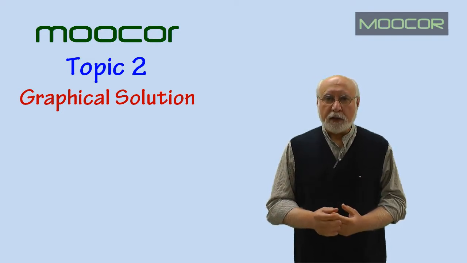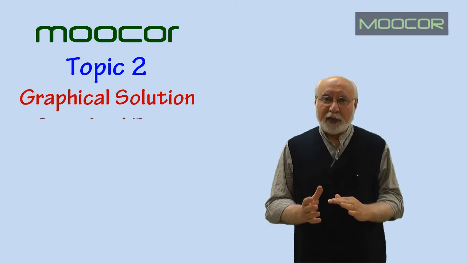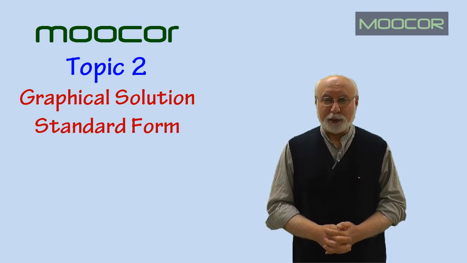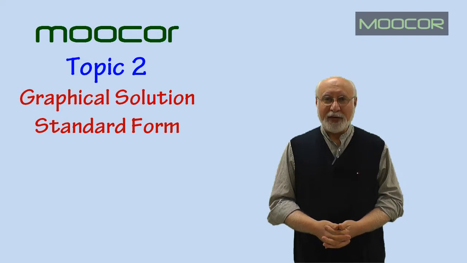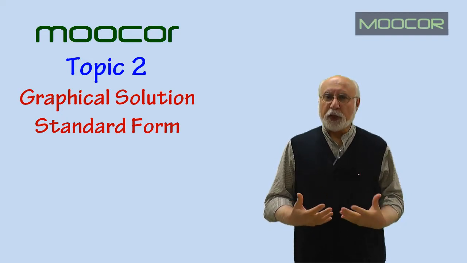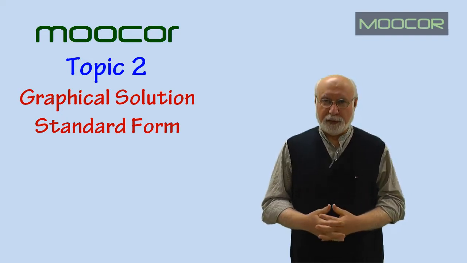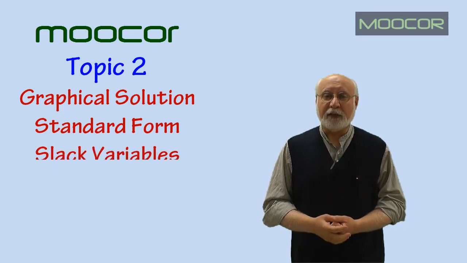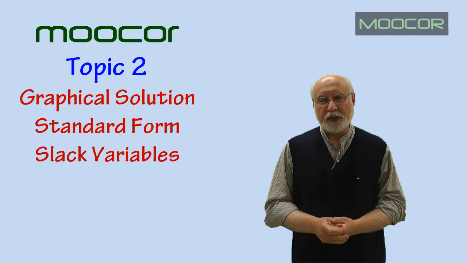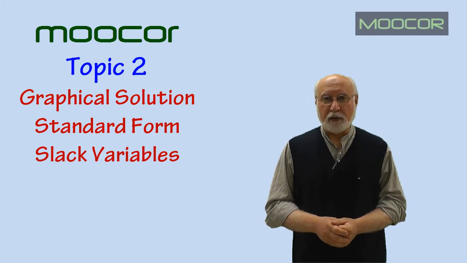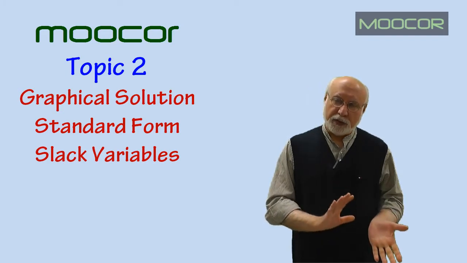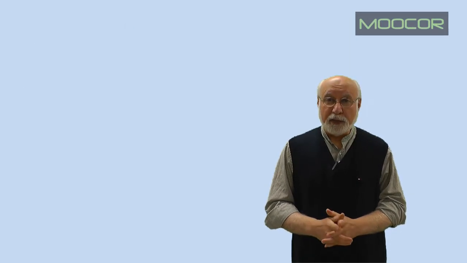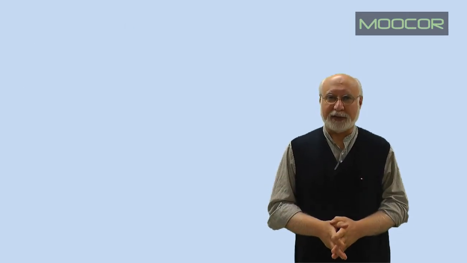And then we would delve into a standard form of LP. We will introduce the standard form and we will introduce new variables and new concepts which are important in operations research. These variables that are called slack variables or surplus variables will be introduced shortly in this topic.